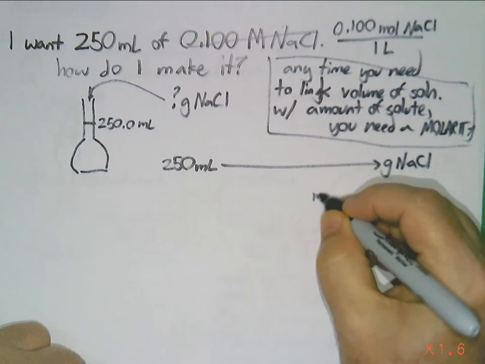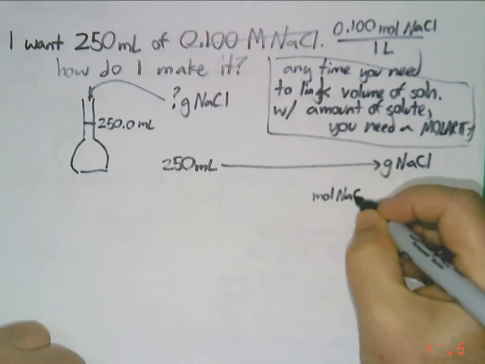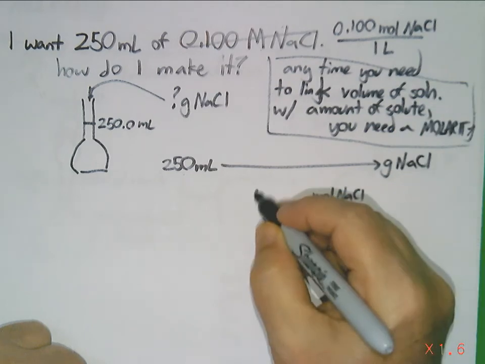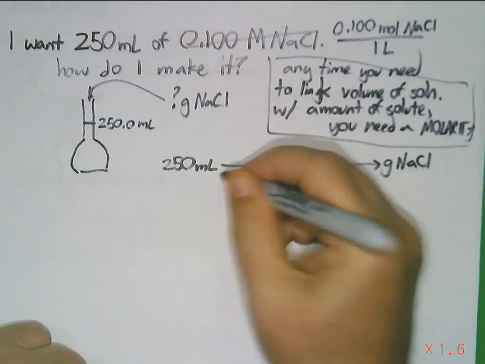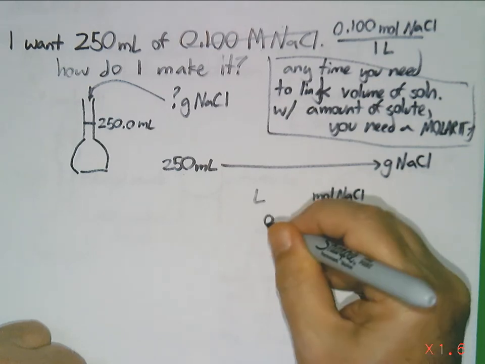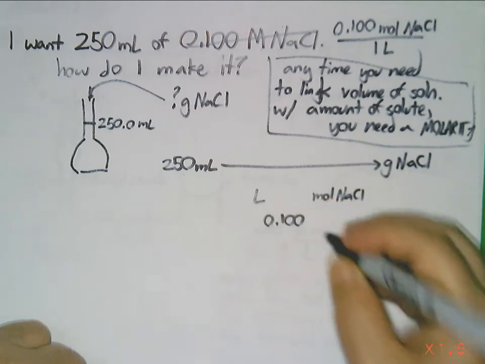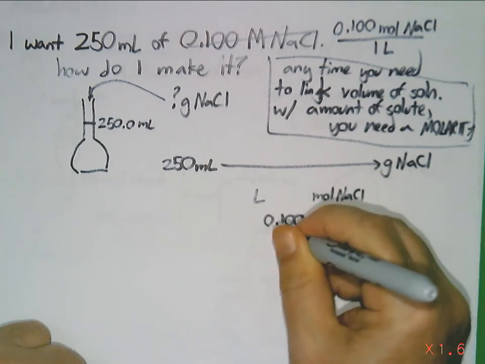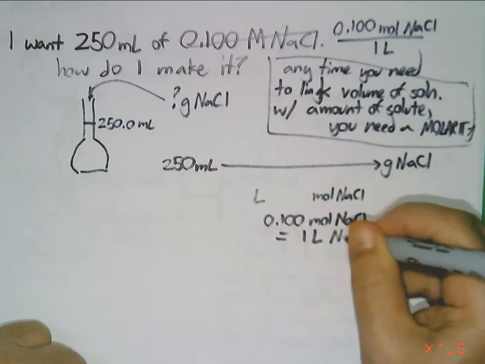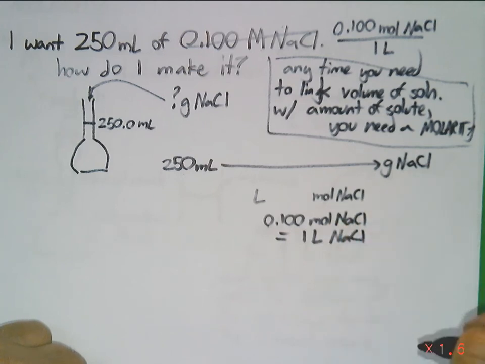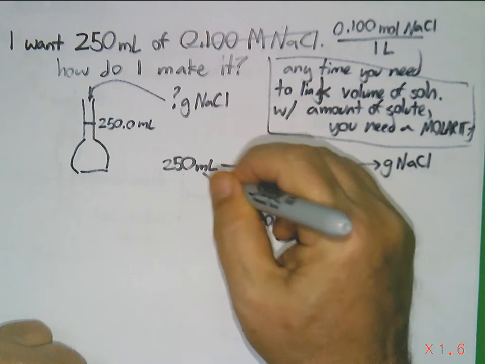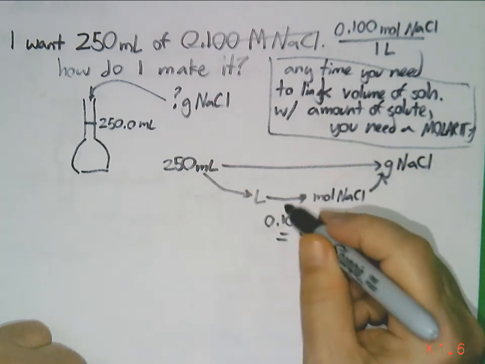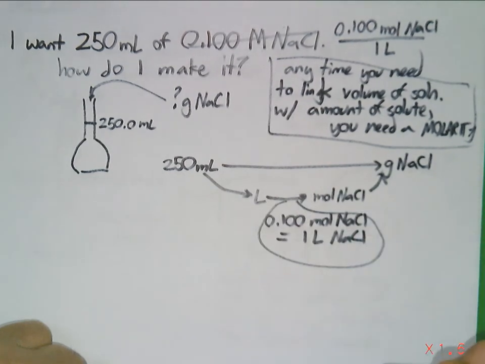If I drop moles of NaCl into my roadmap close to grams, and I drop liters of solution into my roadmap close to milliliters, this gives me the link: 0.100 moles of NaCl is 1 liter of solution. So my strategy is go from here to here, here to here, and here to here. There's the link you need.